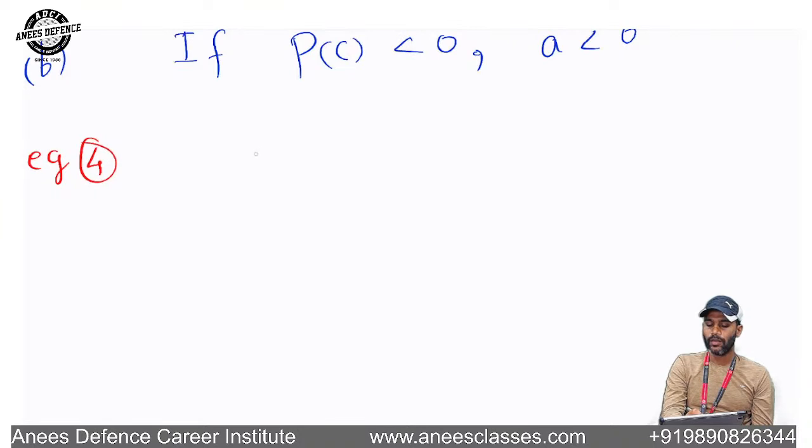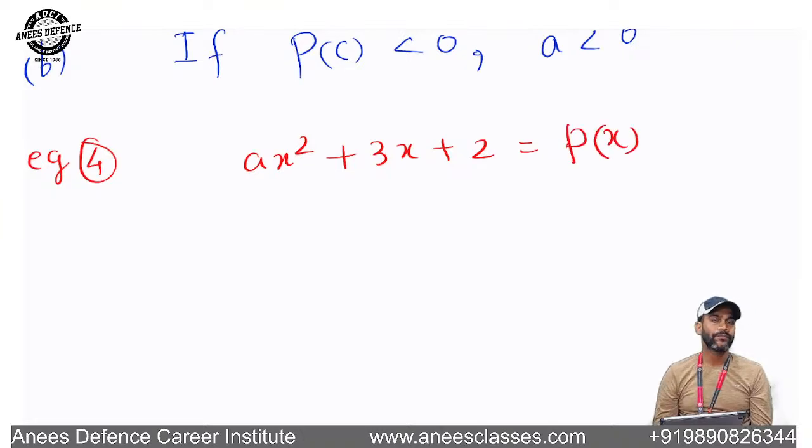Suppose we have the equation ax square plus 3x plus 2, which is nothing but p of x.